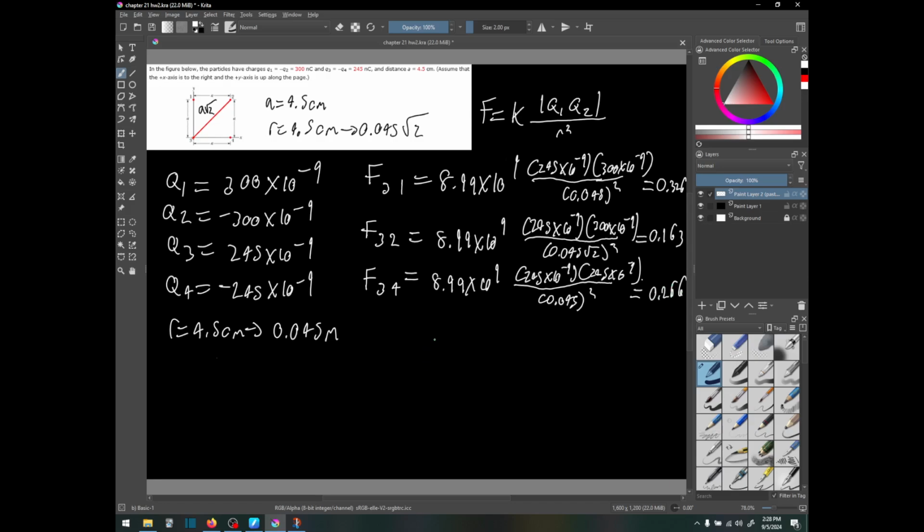So now we have to list what the x and y components are that are acting on particle 3.